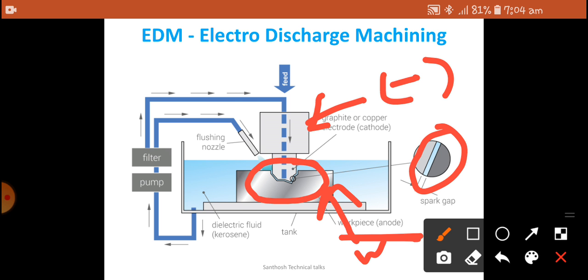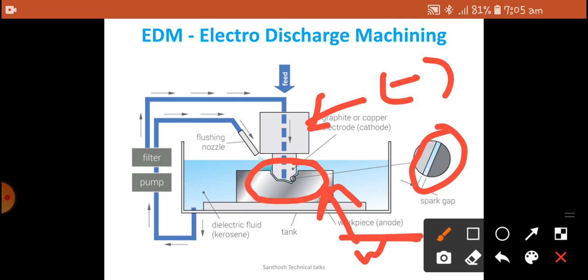This electro discharge machining is very good for making profiles. A small gap and jumping of the electrons will produce the profile. It is very simple to understand.